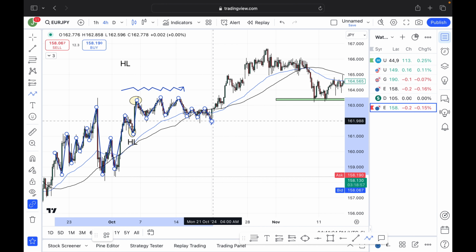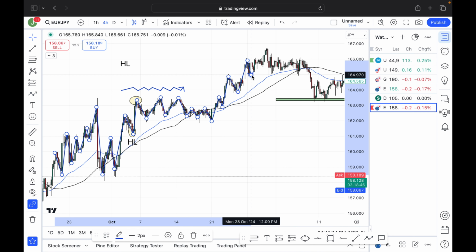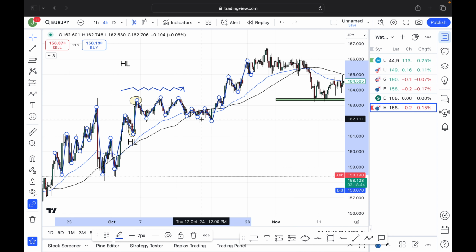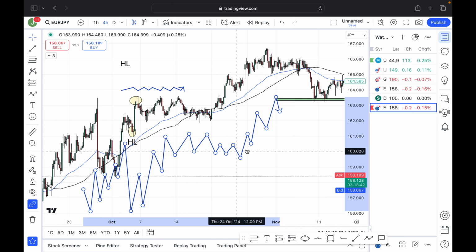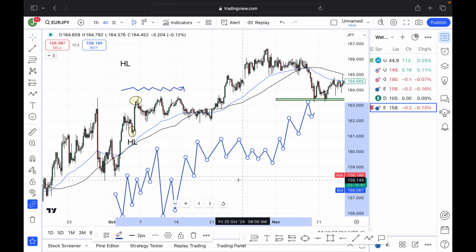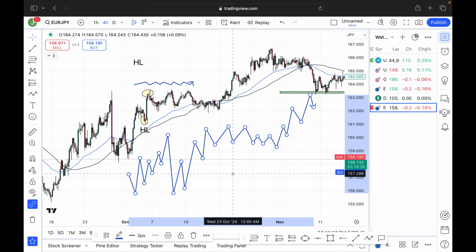We created a lower low. Here's a higher low. Price then closes above again. So we are in an uptrend again, right? So that's how simple price action is. These are how you identify which direction the market is going. And you can use this technique.